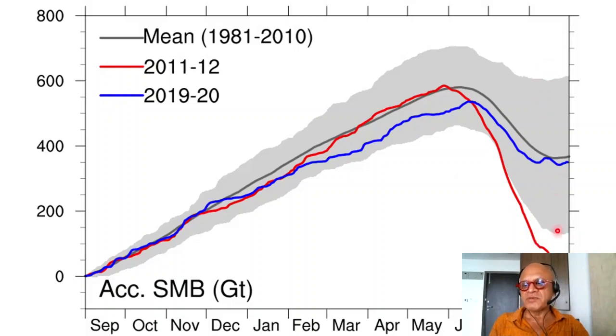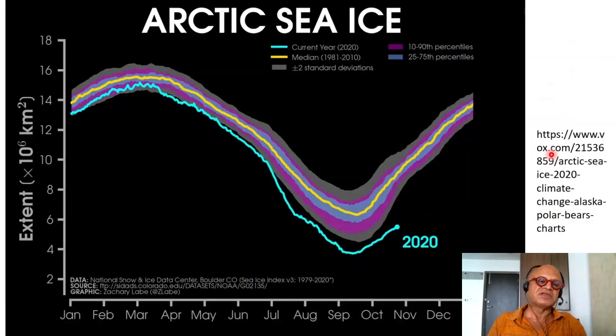Again, we worry about the boreal summer loss because the larger the extent at the end of the boreal summer, the more likely it is to recover during the fall and winter months. Showing again the extent here, more later data from Vox, a fantastic journal that puts out good science articles. This is the current year from last year.